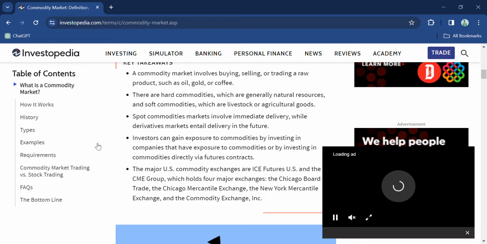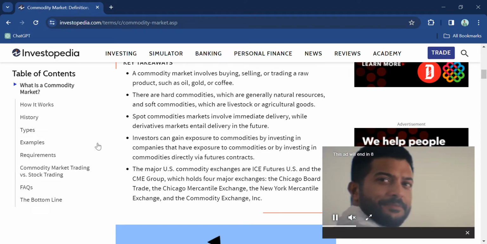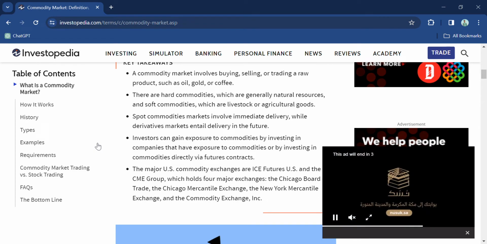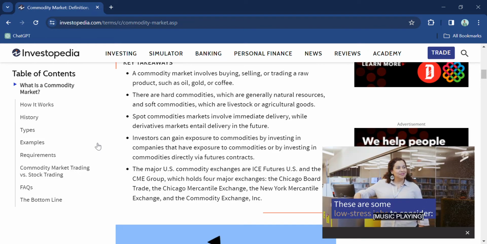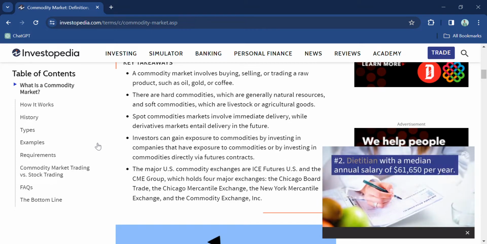So the key takeaways are: a commodity market involves buying, selling, or trading raw products such as oil, gold, or coffee. There are hard commodities, which are generally natural resources, and soft commodities, which are livestock or agricultural goods. Spot markets involve immediate delivery, while the derivatives market entails delivery in the future.